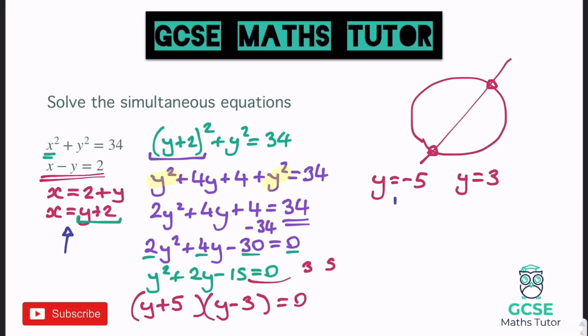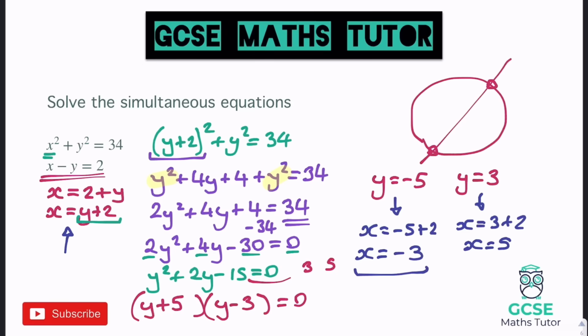So when y is negative 5, x will equal negative 5 add 2, which is negative 3. So x equals negative 3. And then for the next one, we've got y equals 3, so x equals 3 plus 2, so x equals 5.